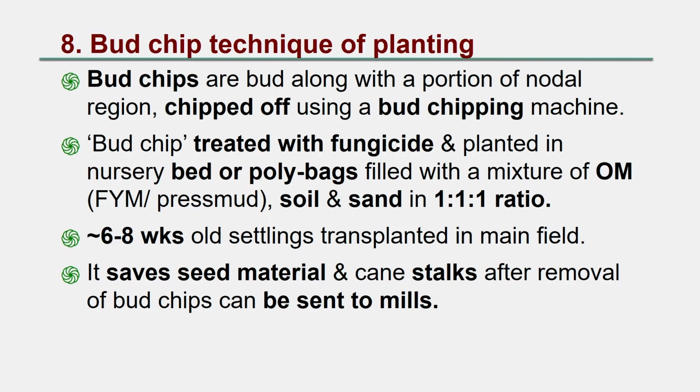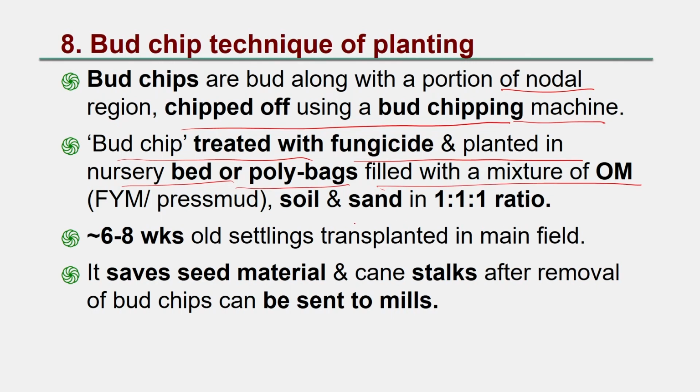Another technique is the bud chip technique of planting. Bud chips are buds along with a portion of nodal region, chipped off using a bud chipping machine. Bud chips are treated with fungicide and planted in a nursery bed or poly bags filled with a mixture of organic manure like farmyard manure, pressed mud, soil and sand in a ratio of 1:1:1.